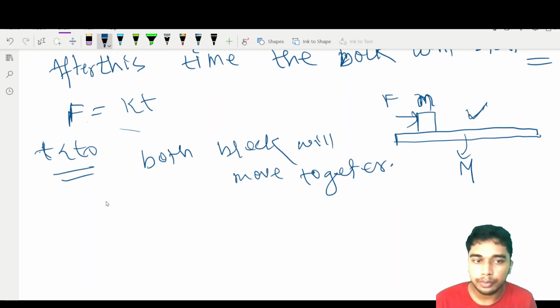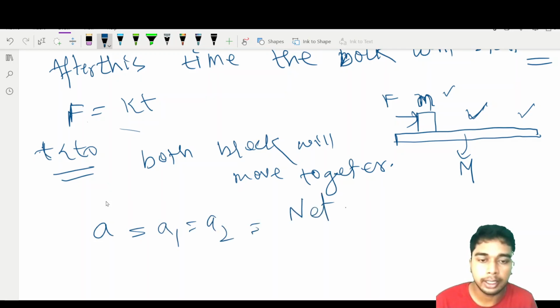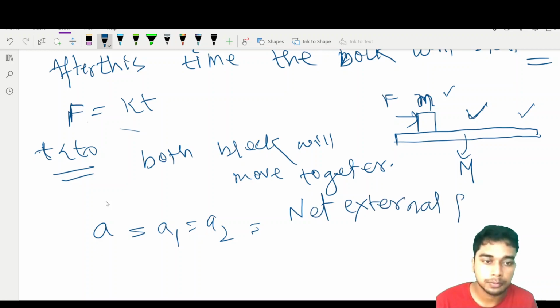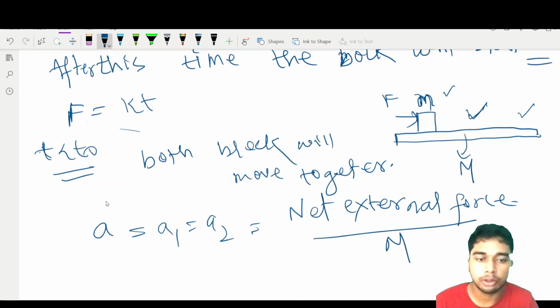So what will be our equation of motion? For example, if I want to calculate the acceleration of both, I am writing a1 is equal to a2. So I will simply write net external force divided by capital M, the total mass.